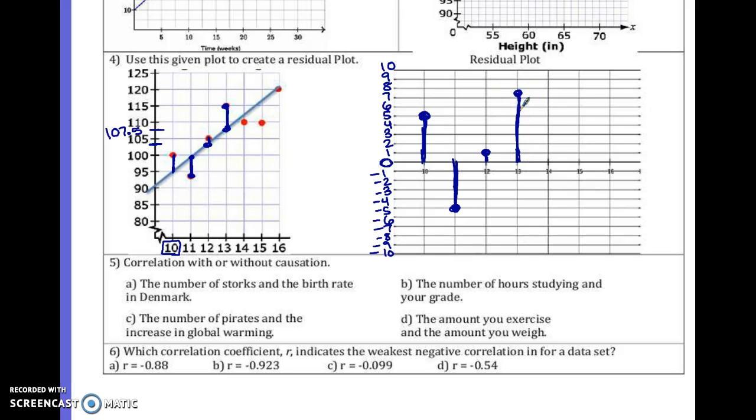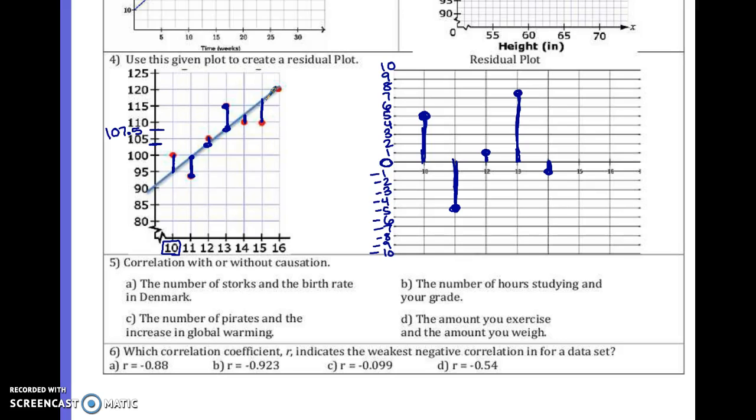The next point looks like it's going down, and it looks like it's 1 below our best fit line. The next one is also below, and it's at least 5 away because that's 1 full square and then a little bit more. So we could say 6 or not quite 6.